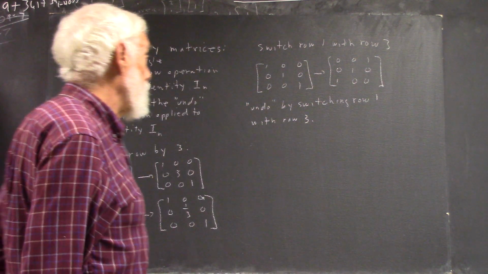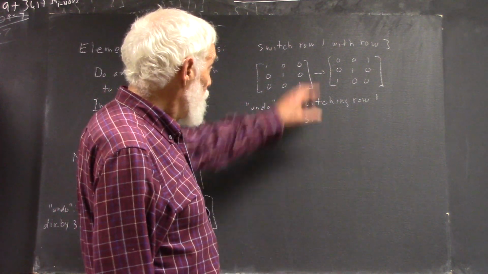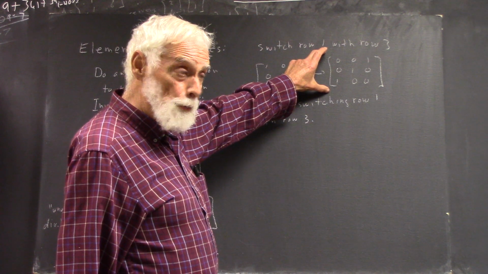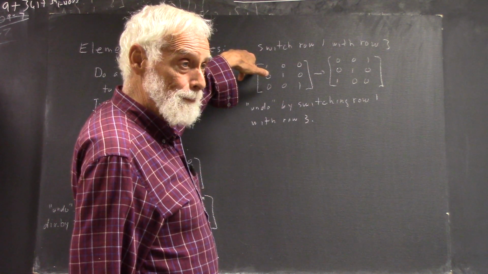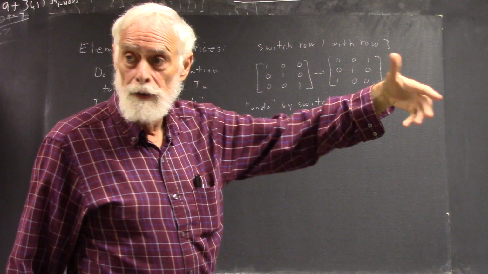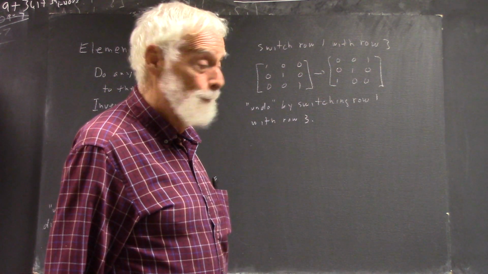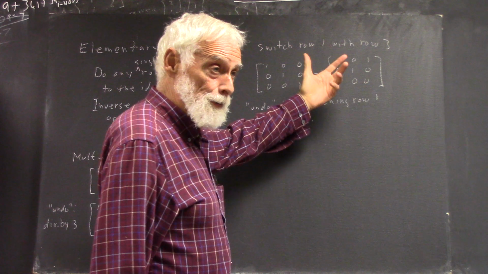You do it by the same operation. If you take this matrix and switch row 1 and row 3, you're back to the identity. That's clearly the inverse. And if you multiply it out, you find that it is the inverse. Okay? In other words, multiply this matrix by itself.